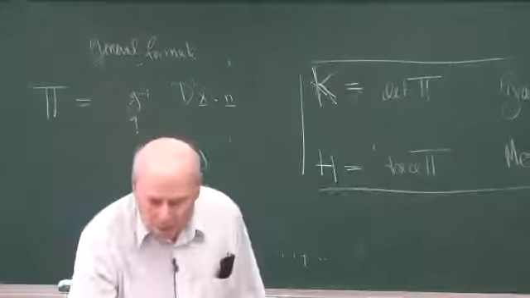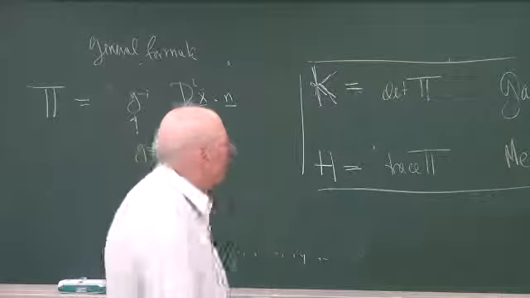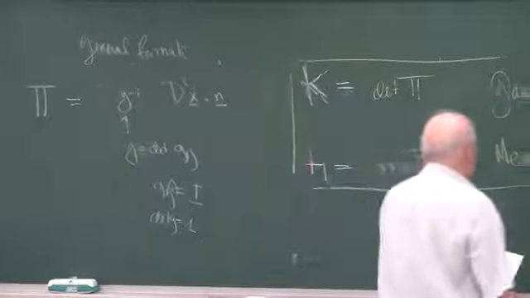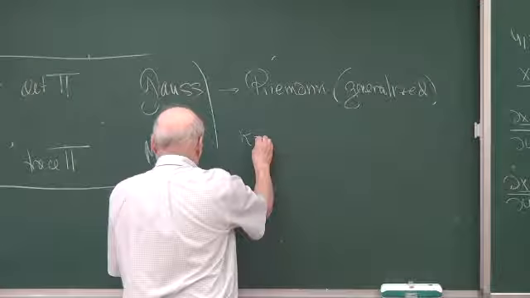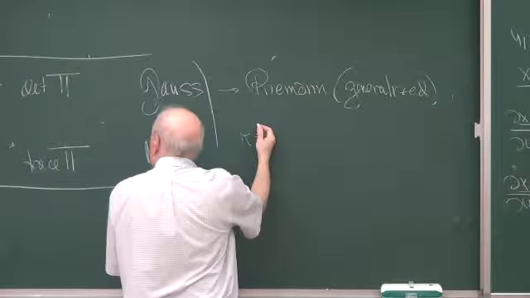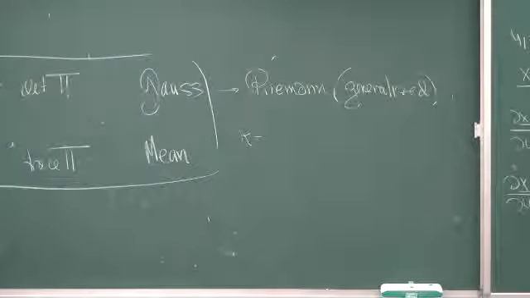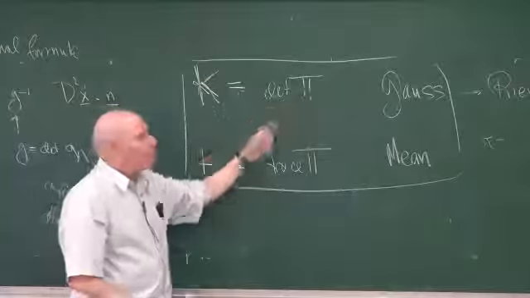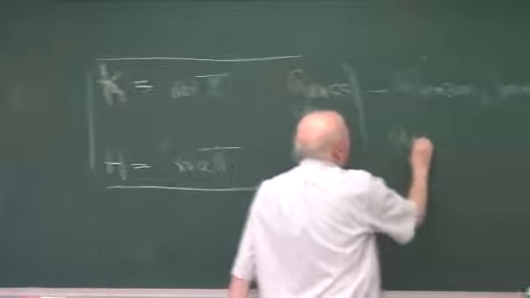Let's see if I should do one other thing, some formulas which you can do. If I want to know the principal curvatures, the Gauss curvature K just gives me the product of the principal curvatures.